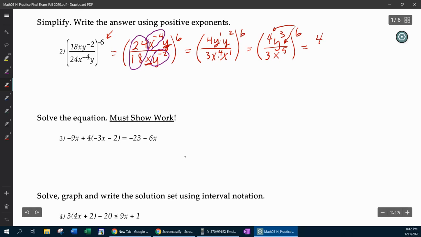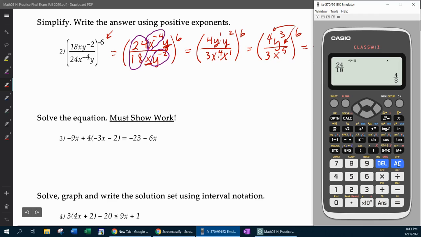So that will be 4 to the 6th, y to the 3 times 6, which is 18, 3 to the 6th, x to the 5 times 6, which is 30. Technically, you could stop here, or you can go ahead and evaluate 4 to the 6th and 3 to the 6th. But I believe those are going to be rather large.